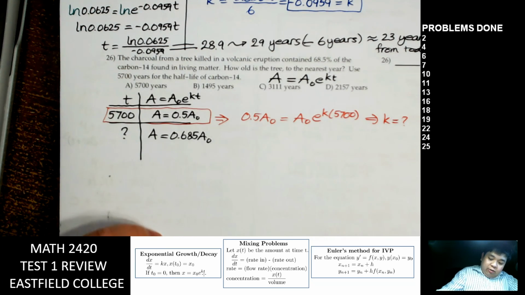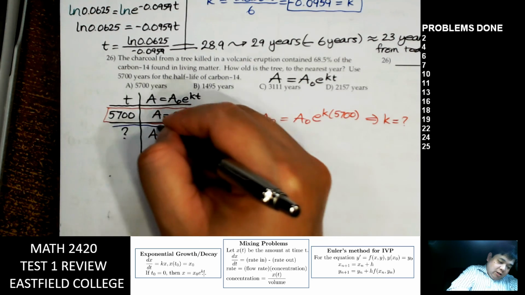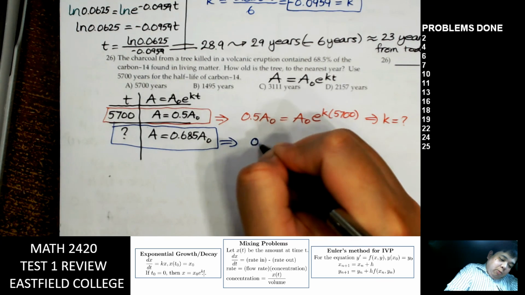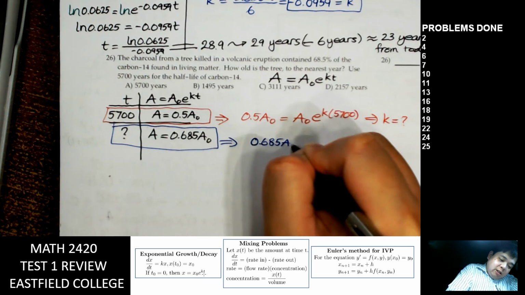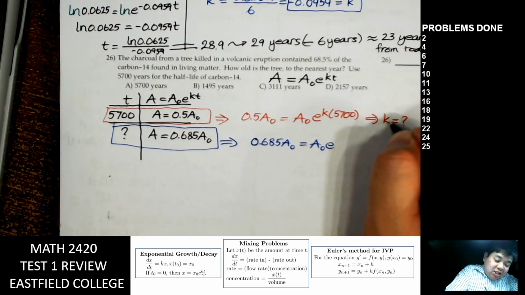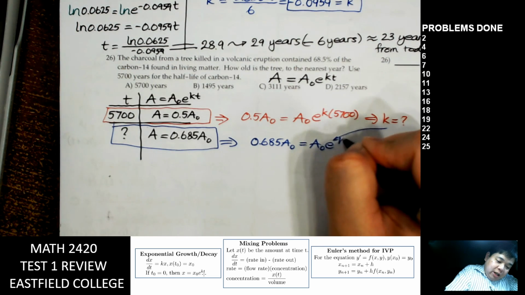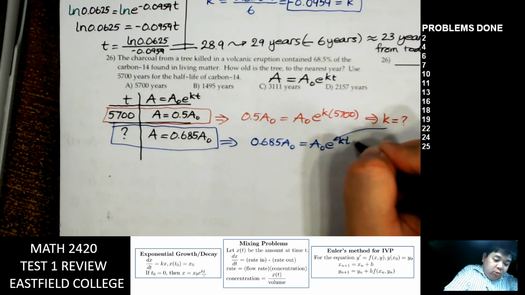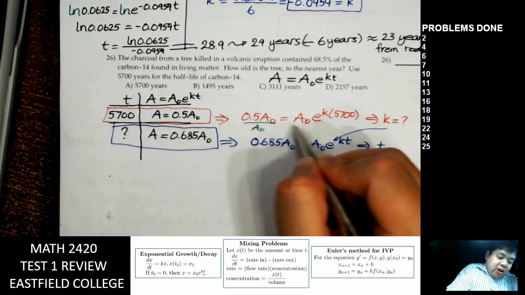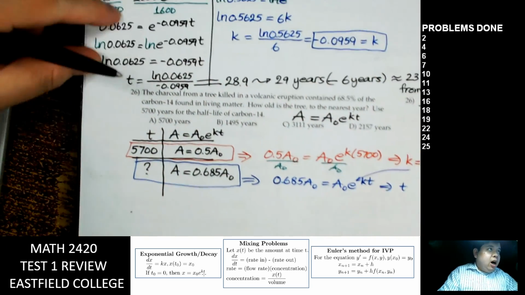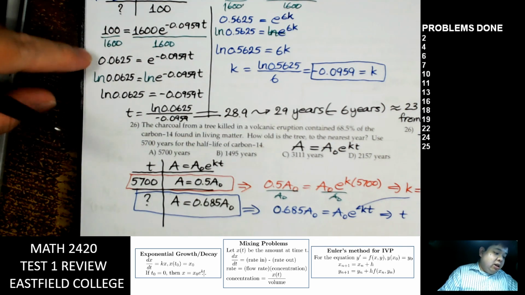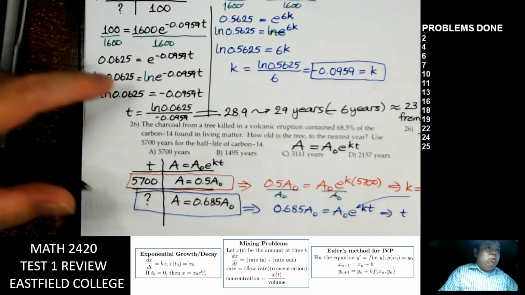And after that, for the next part, you have 0.685 a naught equal to a naught e to the kt. We know k from that step, so put that in here for k, and then t we don't know, and then we solve for t. And of course when we solve this problem, the first step is divide by a naught, and then take ln. So the steps will be pretty similar to this: divide by the coefficient in front, and then take ln, and then solve for the missing variable.